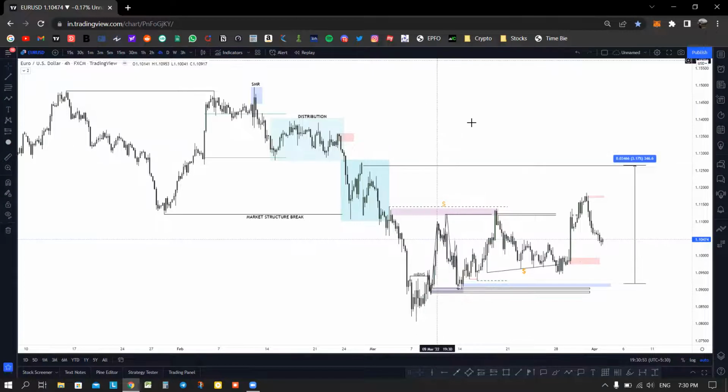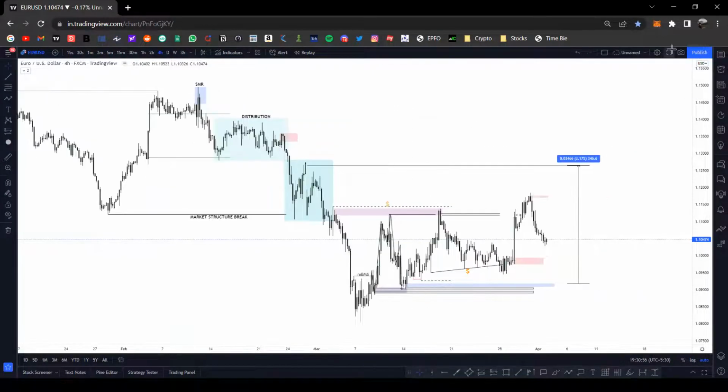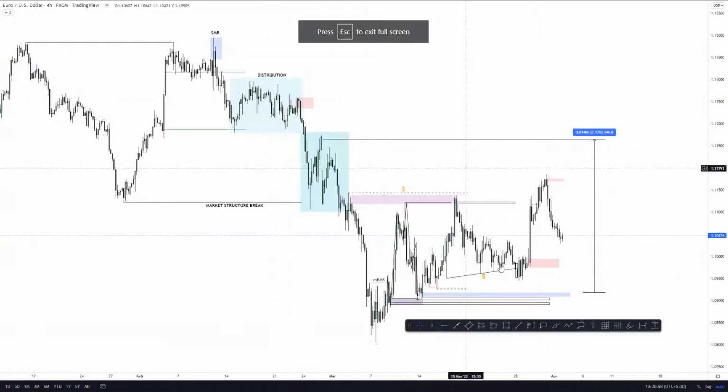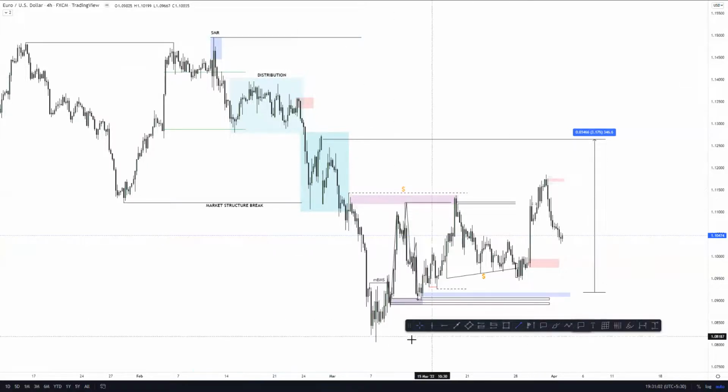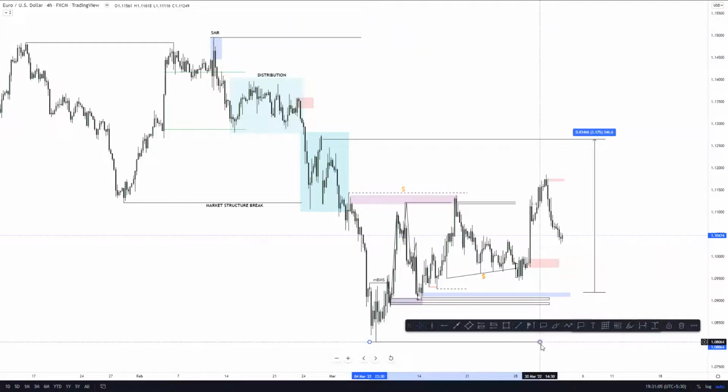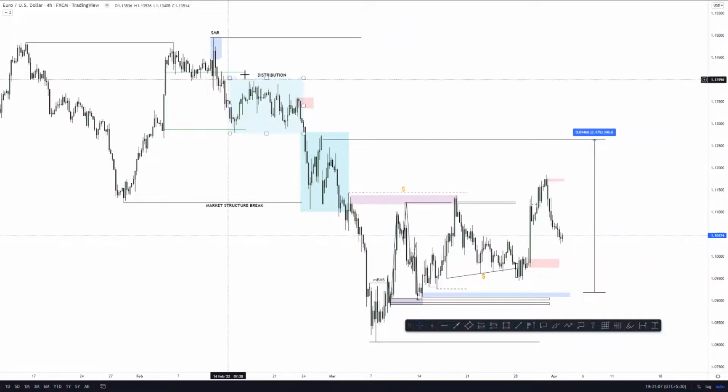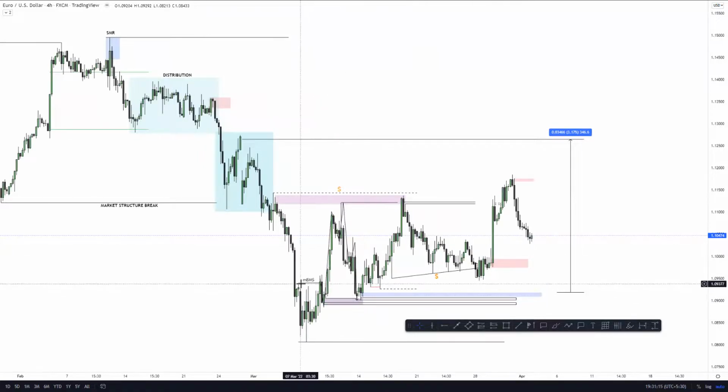So what I was watching here in terms of minor structure break and major structure break. This was our last swing high, and this was our last swing low on USD. And this was just lower low, lower high, lower low, lower high, lower low, lower high. Same thing here. So price has come again and taken out this lower high. That's when I saw that price is bullish overall. That's why I was looking for a buy entry.